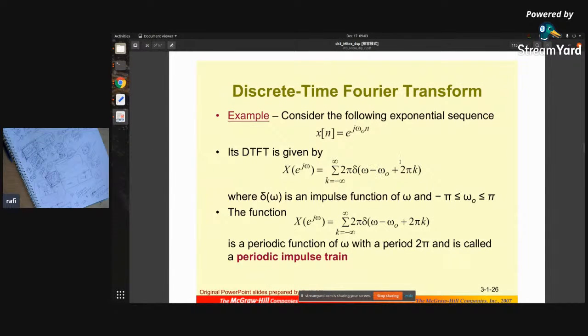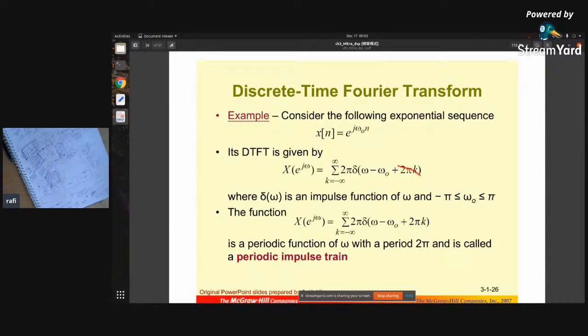This 2 pi k is there because it is periodic with period 2 pi. If the 2 pi k is not there also, it is fine, it is the same as this one. So this delta of omega is an impulse function at omega.